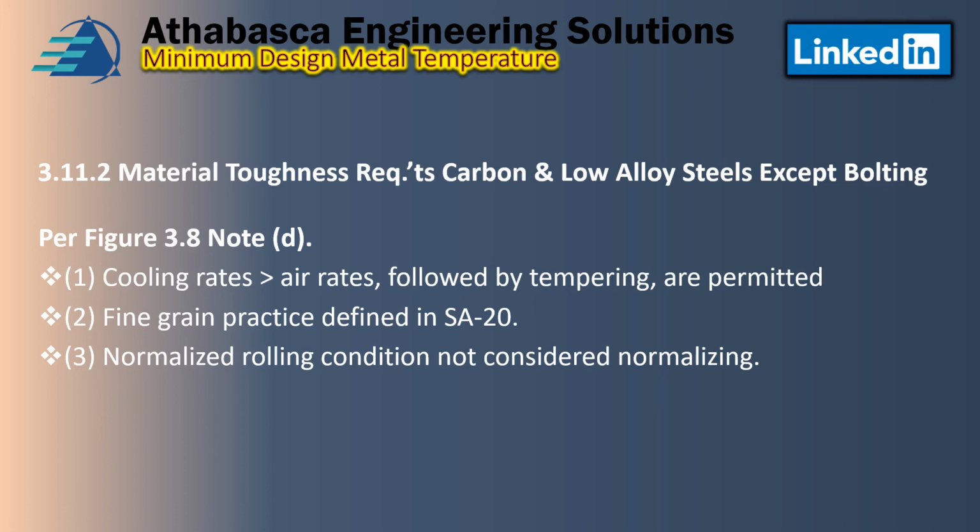When you buy materials in Division 2, there are a lot more controls and a lot more inspection required. So your cooling rates have to be greater than air rates, followed by tempering. You can do the tempering, and it's permitted, but your cooling rates have to be higher, and you have to have a fine-grained practice, and that's very indicative of Division 2. Basically the standard is SA-20 for following those requirements, and normalized cooling.